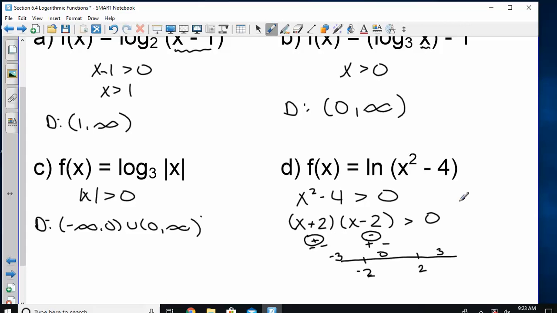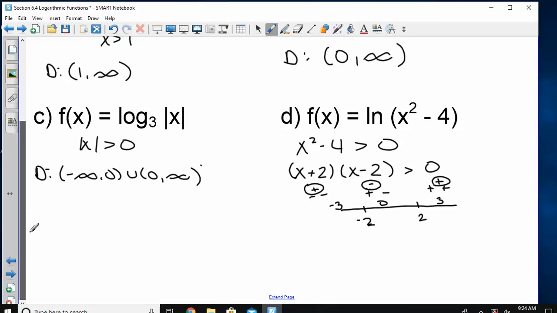If I put in a 3, 3 would give me a positive and a positive, so that's positive. We wanted greater than 0, which would be the positives. So that would be negative infinity to negative 2, and 2 to infinity.